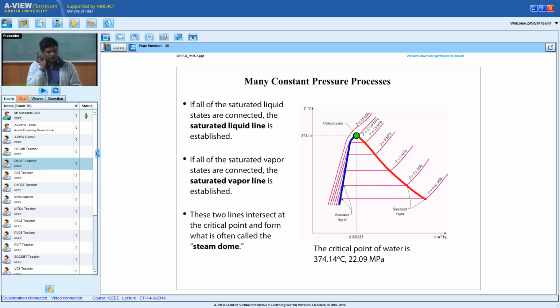Now you see, the critical point of water is 374.14 degrees Celsius and the pressure is 22.09 megapascals, nearly 220 times the atmospheric pressure. When you increase the pressure of the water 220 times, you automatically lose that behavior. What is that behavior?